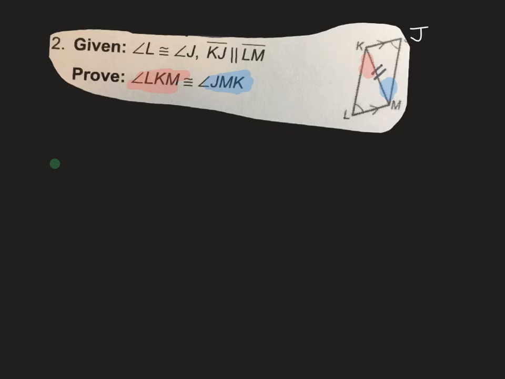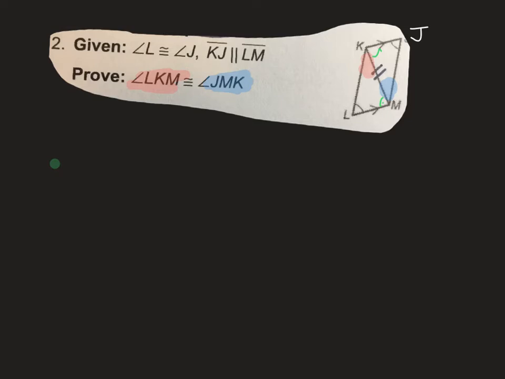The other thing I notice is that they tell us that these two lines, KJ and LM, are parallel. So that means that this angle right here, JKM and LMK, which I just marked in green, are congruent because they're alternate interior angles.